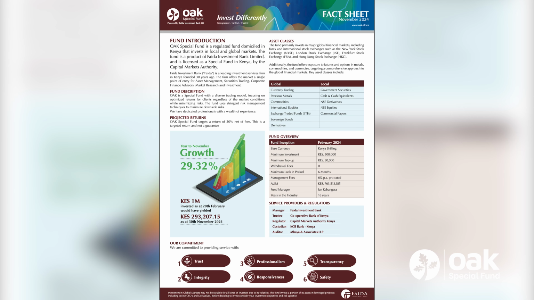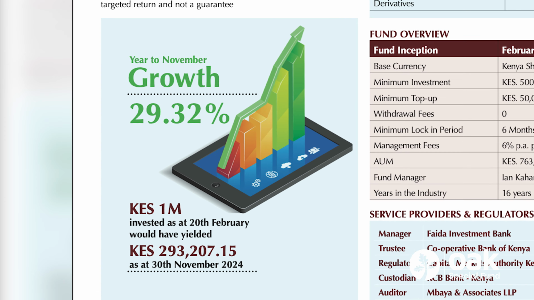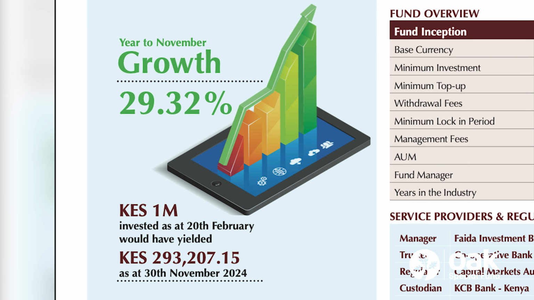Let me interject and just explain about management fees. When we say management fee is 6% per annum prorated, it's actually charged on a daily basis. So when you go to the return that we are showing, of 29.32%, or 1 million, which has yielded 293,000, on that we have already taken away our management fees.